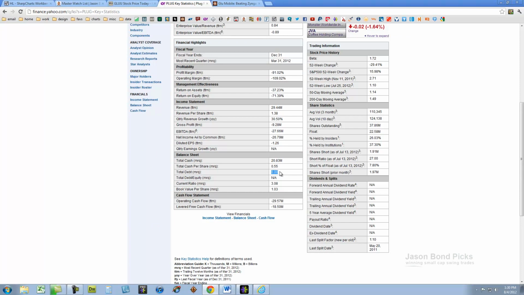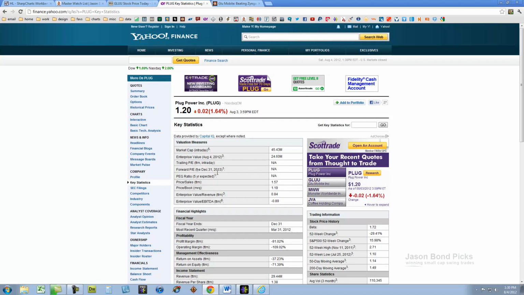Good chance that they won't have to raise more money. They could, but at least you're in a better situation knowing that their debt is zero. So if they do lose their job, i.e. bad news, they don't have to raise capital to keep their business model going. That doesn't always stand true, but you just want to know some of the details.